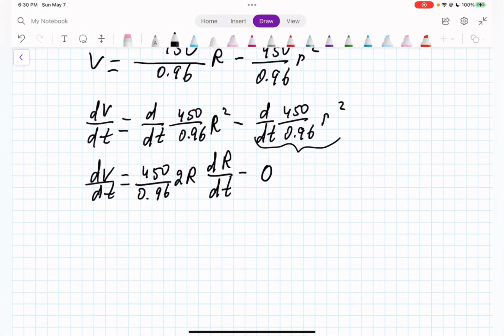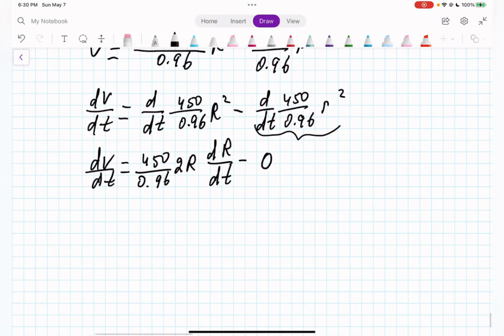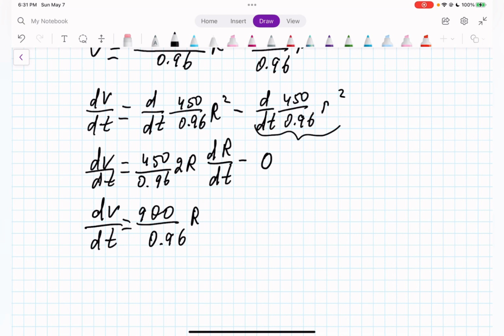Our uppercase radius is going to be, oh, it's not given, so we're going to leave it like that. So dV by dt is equal to twice 450, it's going to be 900 times 2 over 96 r, and then dr by dt, and this is going to be our answer.